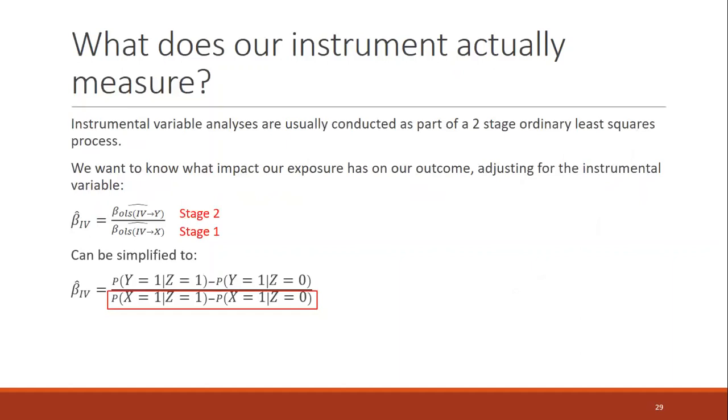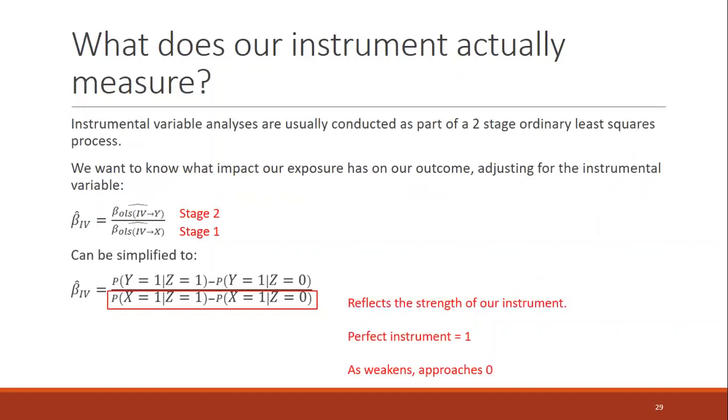This bottom part is really just a reflection of how strong our instrument is, right? In an ideal setting, if this was perfect, it would be 1. Because if the instrument was absolutely perfect, if a physician preferred Cox-2s, the person would always get a Cox-2.